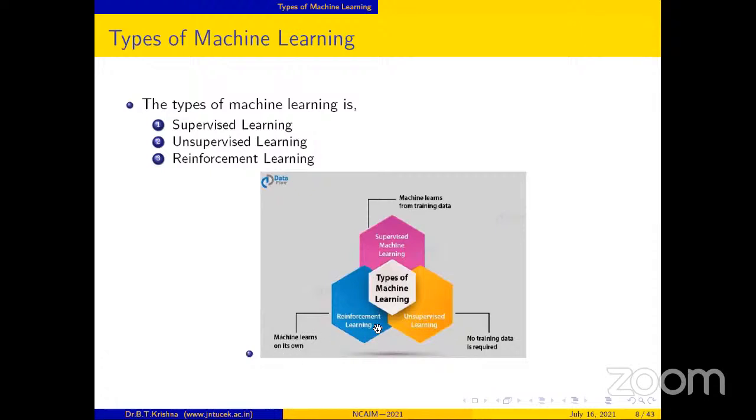This is a clear distinction. This picture has been taken from the Dataflair website. So this is a clear difference between supervised, unsupervised, and reinforcement learning. In one case, we need to provide some training data. In another case, there is no need to provide any data. And in the third case, the machine learns on its own, which is nothing but reinforcement learning.